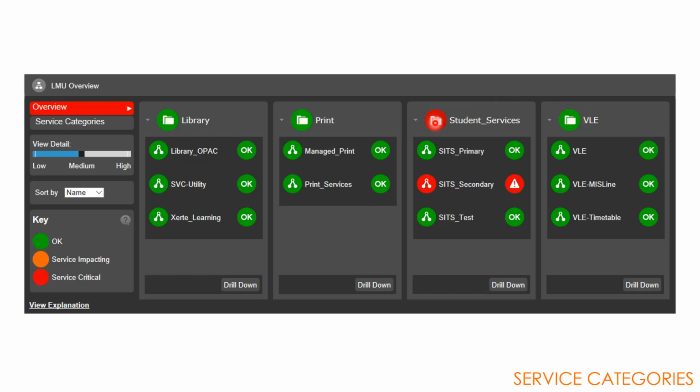The student services service category has a red critical service status icon indicating a critical issue with one of its associated services. Looking below the student services, we can see that it's the SITS secondary service that is the cause of the critical issue. I'm now going to drill down to investigate the issue for the SITS secondary service.